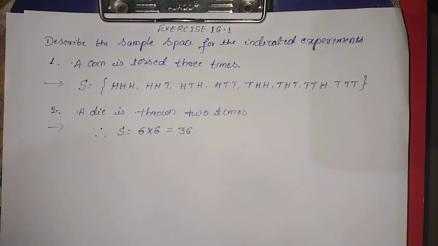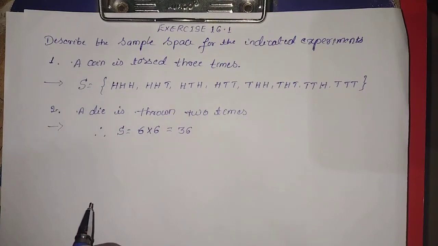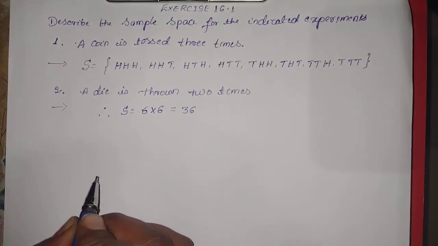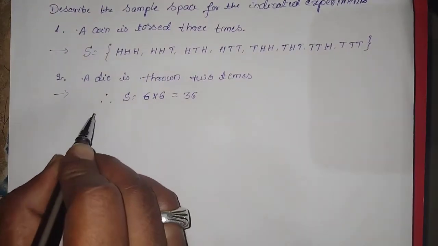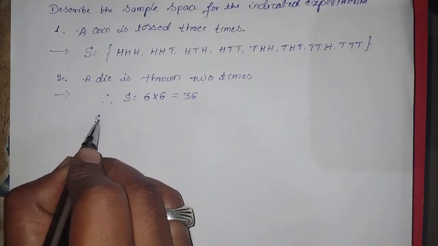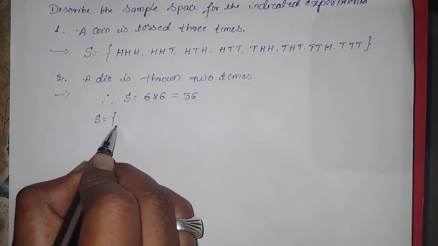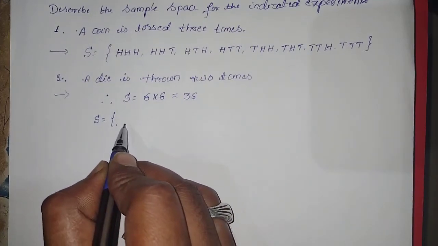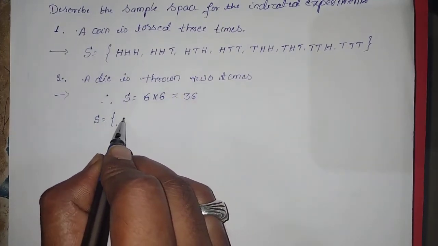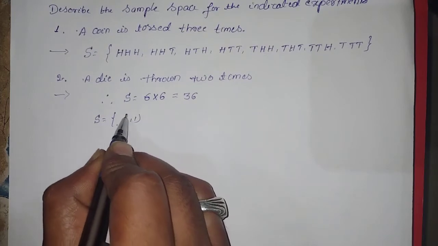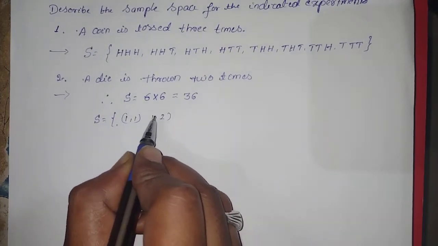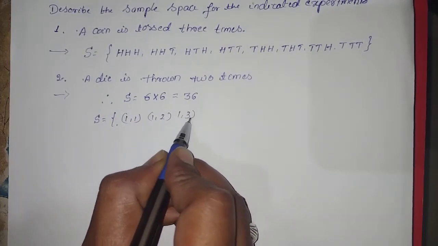You have to list all the elements. I will write 2 or 3 examples, and the remaining you have to fill in. The first elements are 1 comma 1, 1 comma 2, 1 comma 3 and so on.